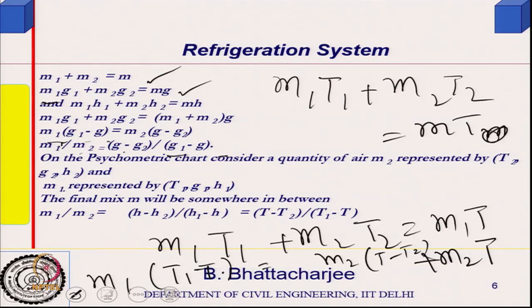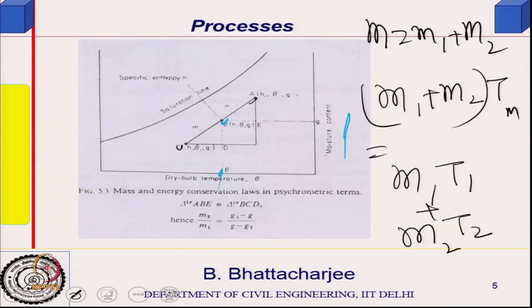So, this can be explained in a psychrometric chart like this. For example, this is point 1, point 2. Now, temperature, supposing this one is T1, this is T2, right. The proportion would change accordingly, because as you can see, T minus T1 and T2 minus T form two similar triangles.